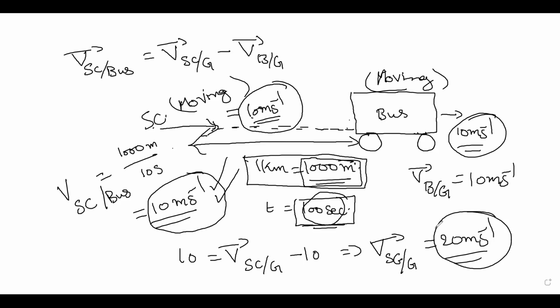The other way of solving is, the factor you have calculated here is the relative velocity of the scooter with respect to the bus. A relative velocity of scooter with respect to the bus is given by the velocity of scooter with respect to ground minus velocity of the bus with respect to ground.